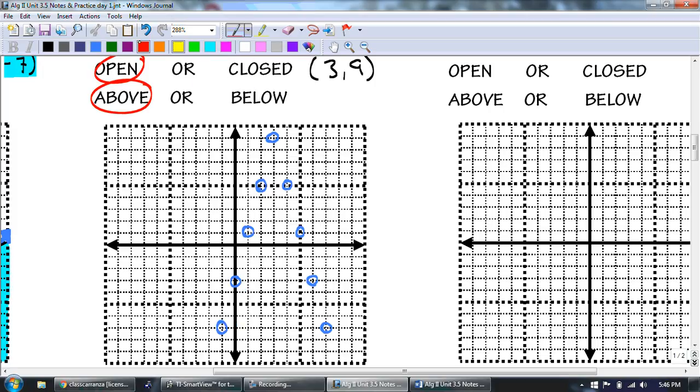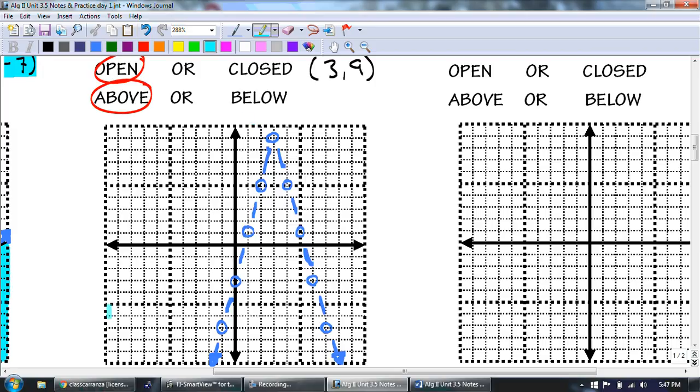Okay. And then, yeah, use your straight edge. So I'm going to line everything up in both directions. Oh, that one looks weird. Now, we wanted to shade above.